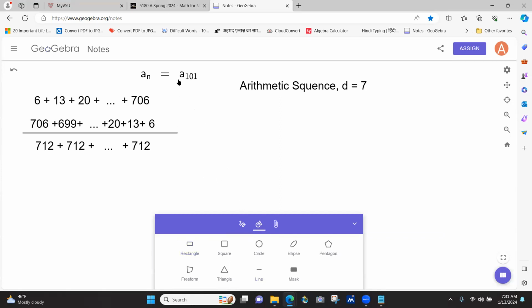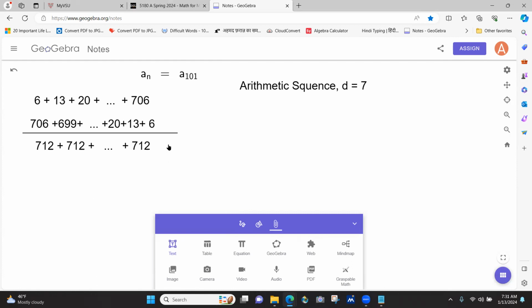The answer is easy, has to be 101 because the first sequence has 101 terms. The second sequence has 101 terms. We are pairing it up. So there will be 101 terms here. So if you add 712 plus 712, 101 times, what do you get? You get this.